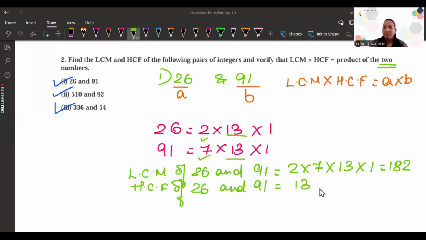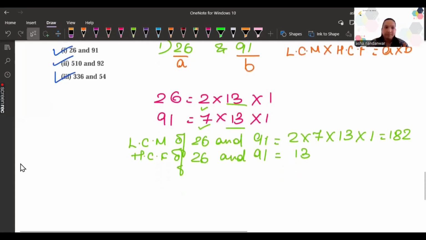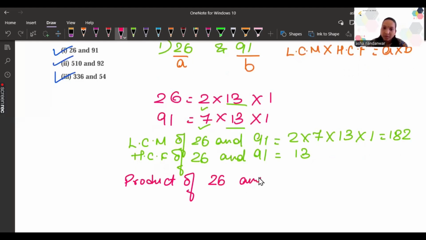Now let's verify. Product of 26 and 91. That means if we multiply the 2 numbers, 26 and 91, we will be getting 2366.